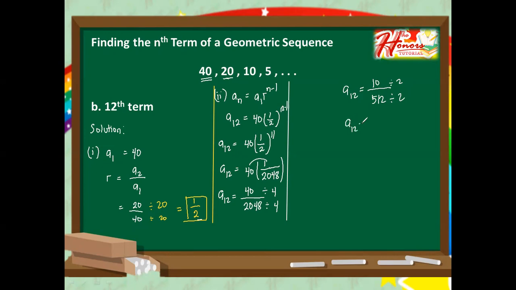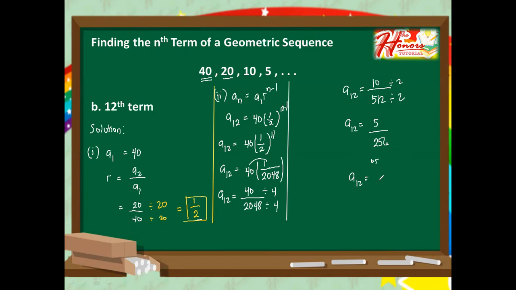So a sub 12 is equal to 10 divided by 2, that's 5, over 512 divided by 2, that's 256. So therefore, there's no number that can divide the numerator and denominator now without remainder. So we can still change this into a decimal. So a sub 12 is equal to 5 divided by 256.